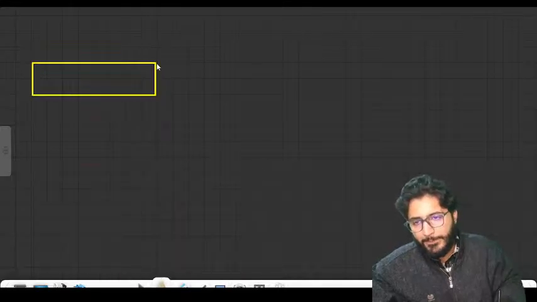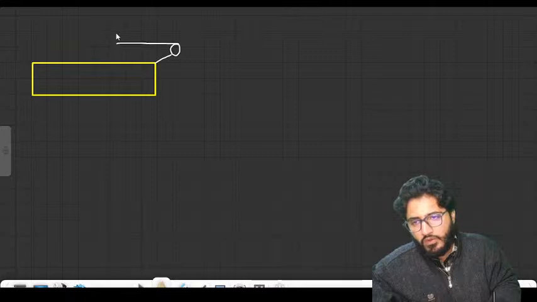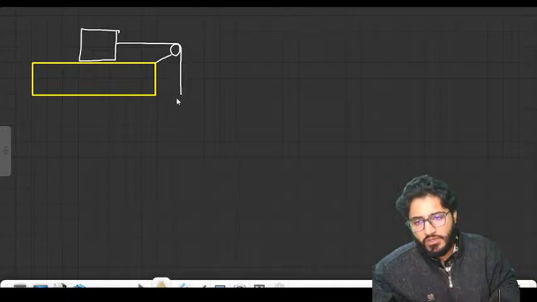Here we are having a pulley. Object. One more object. 3 kilogram. 4 kilogram.